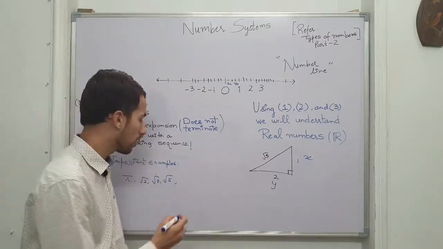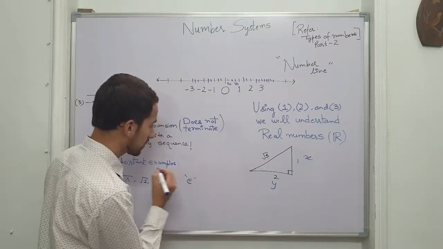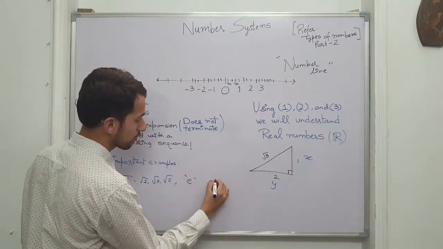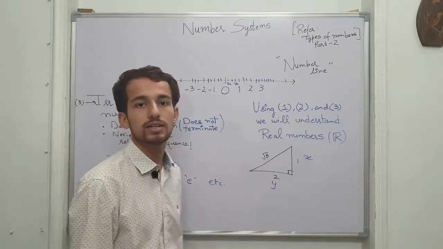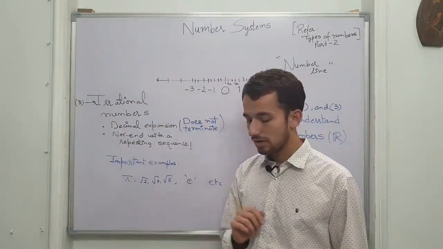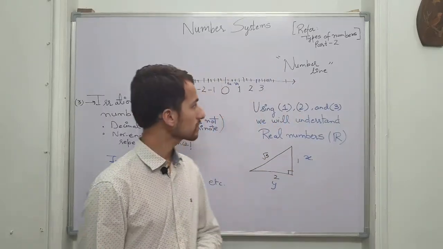There's one more number called e, exponential, but you might not use this. There are some other irrational numbers too. So these are the major types of irrational numbers which we're going to encounter.